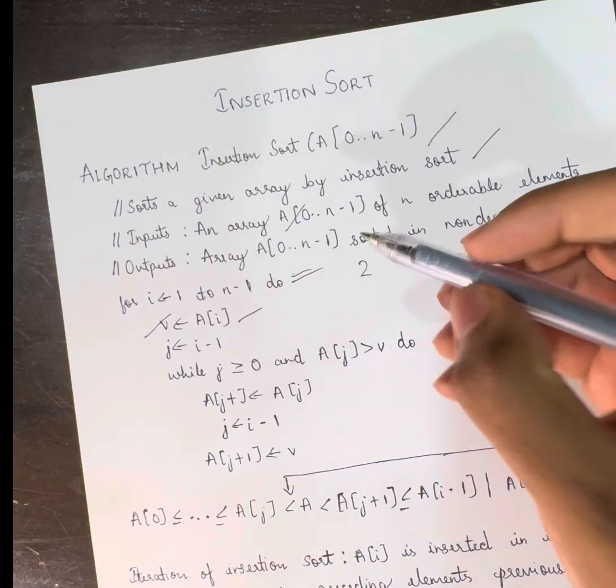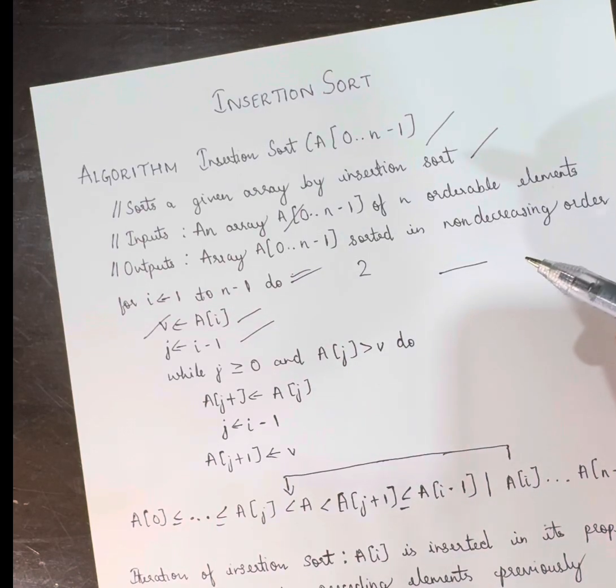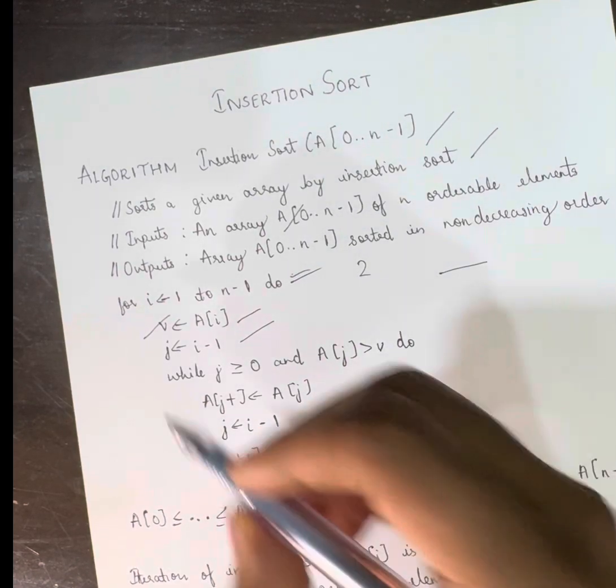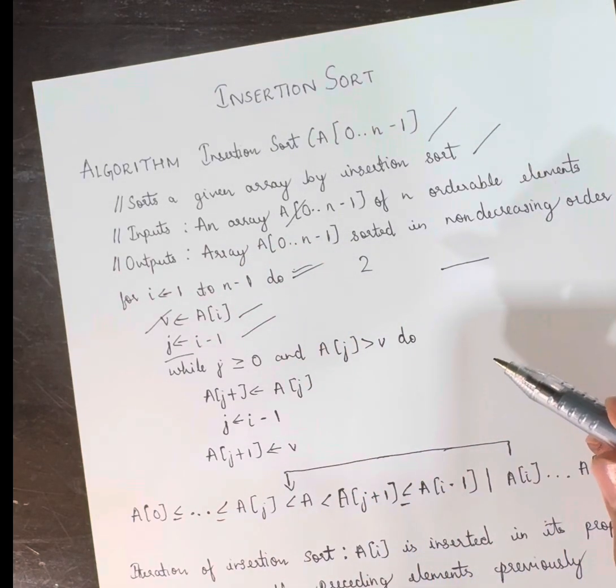Next, j equals i minus 1: we initialize a pointer j to the index before i, the last element of the sorted subarray.